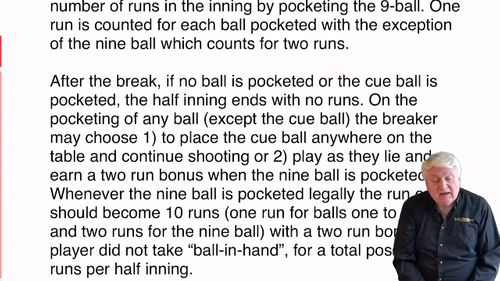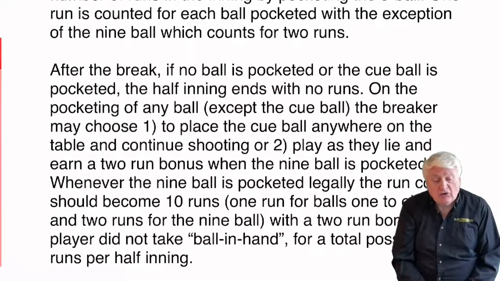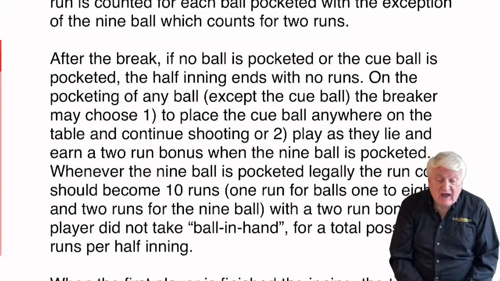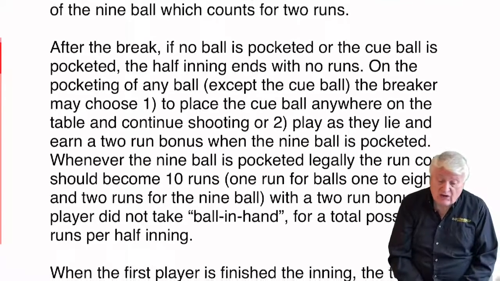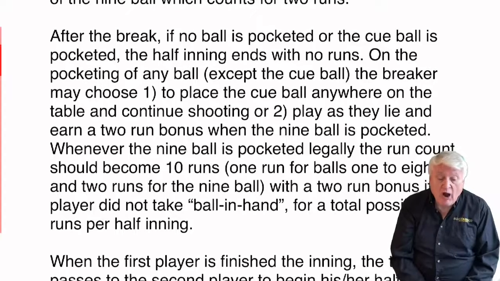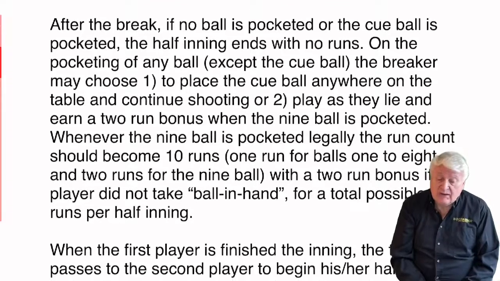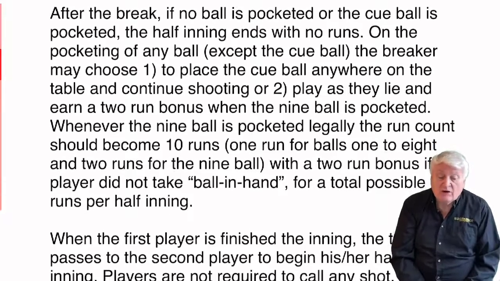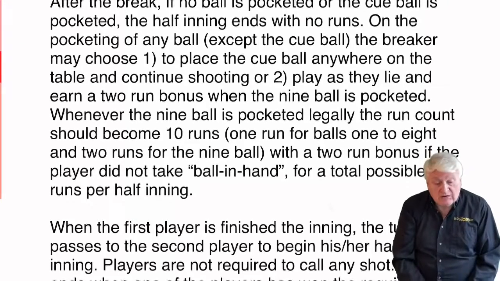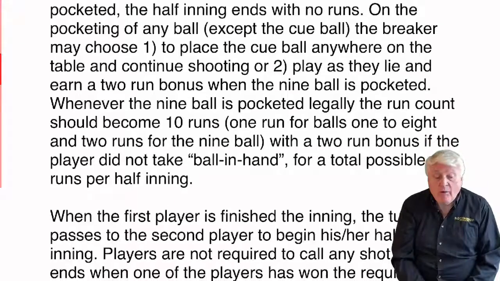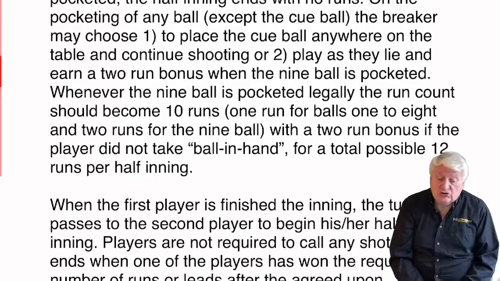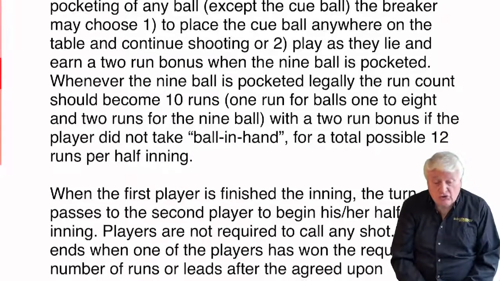After the break, if no ball is pocketed or the cue ball is pocketed, the half inning ends with no runs. On the pocketing of any ball except the cue ball, the breaker must choose: 1. To place the cue ball anywhere on the table and continue shooting, or 2.